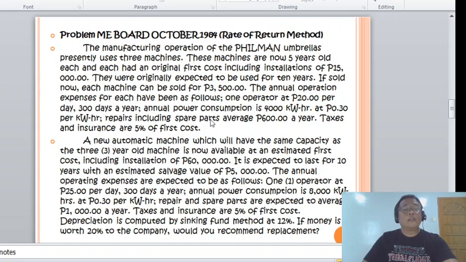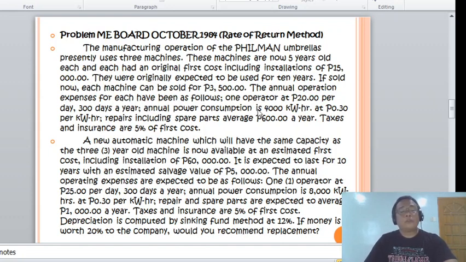The annual operating expenses are expected to be as follows. One operator at 25 pesos per day, 300 days a year, annual power consumption of 8,000 kilowatt hours at 0.3 per kilowatt hour. Repairs and spare parts are expected to average 1,000 a year. Taxes and insurance are 5% of the first cost.